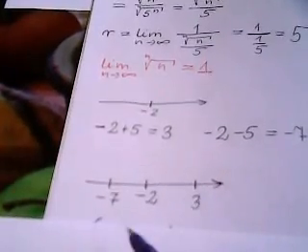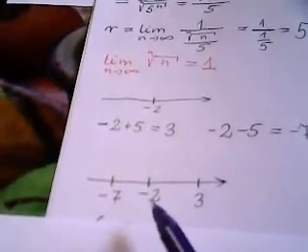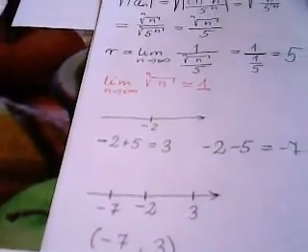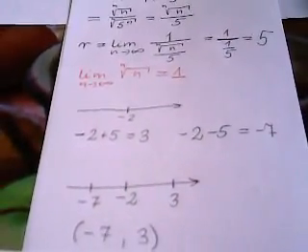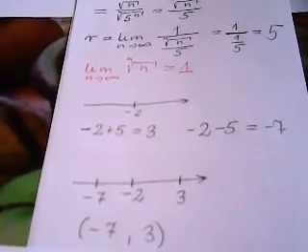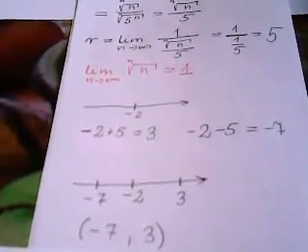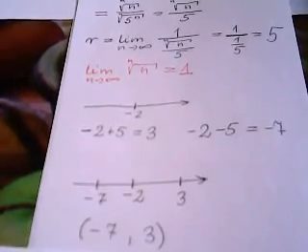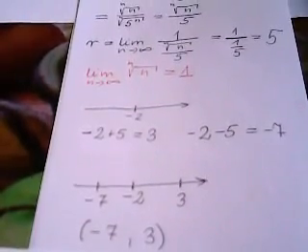From this I can see my interval of convergence is (-7, 3). In this place we might be tempted to finish our calculating, but we must check convergence at the endpoints.